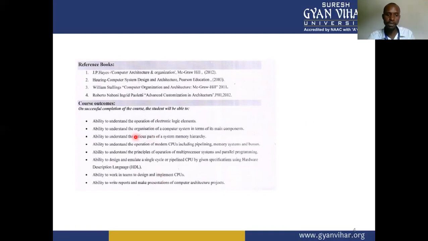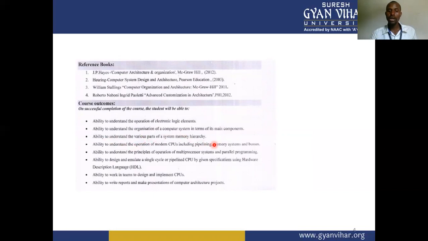The first one is to possess the ability to understand the operations of electronic logic elements. The second outcome is to understand the organization of a computer system in terms of its main components. These are very necessary concepts to remember always as we are studying. The third outcome is to understand the various parts of a system memory hierarchy.